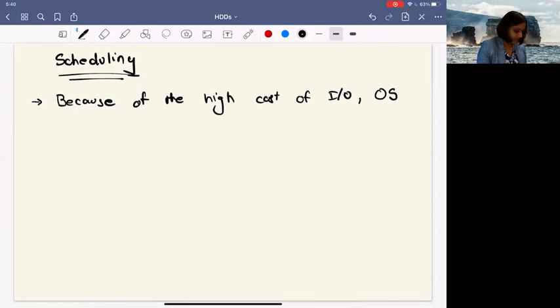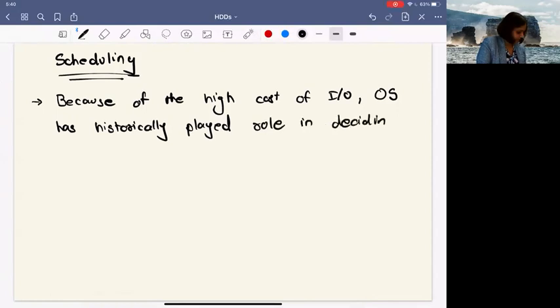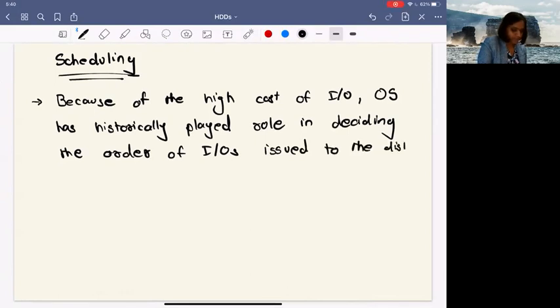And because that's high, the OS has historically played a role in deciding the order of IOs issued to the disk.